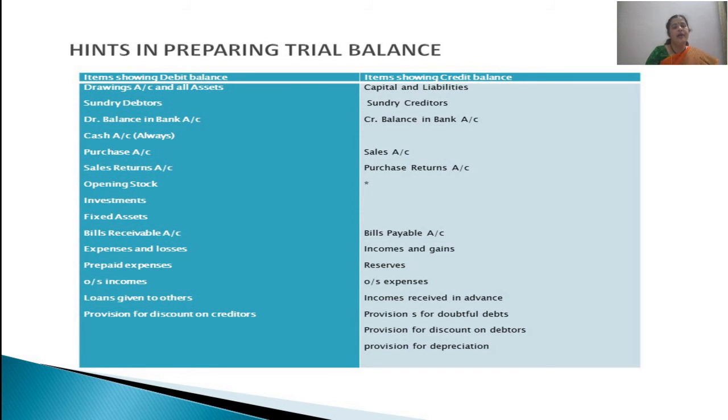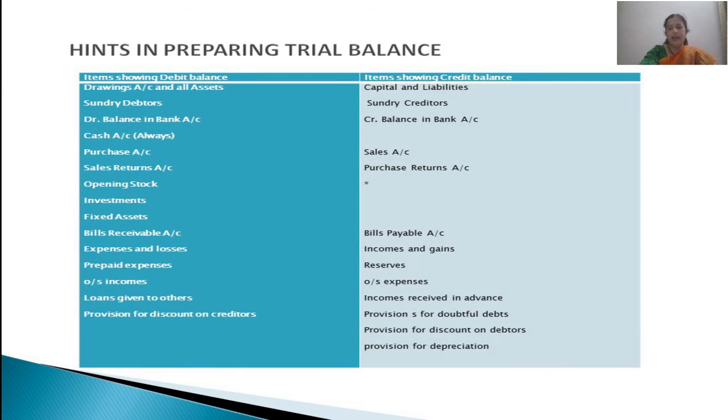I have made a very small list of items that will show debit balances. In the same way, coming to the credit side, I have made a small list of items showing credit balances. The first being all liabilities plus capital.